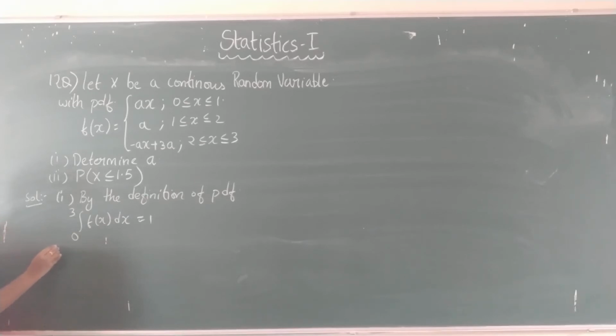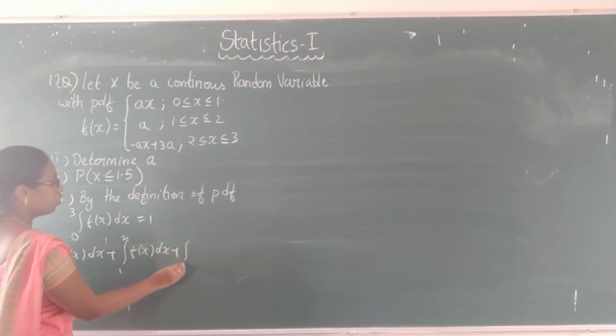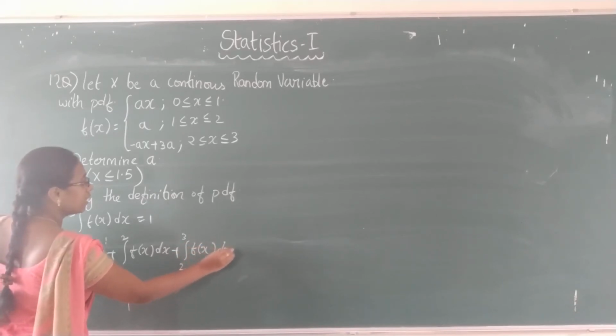So first one is integral over 0 to 1 f of x dx plus integral over second limit 1 to 2 f of x dx plus integral over 2 to 3 f of x dx.